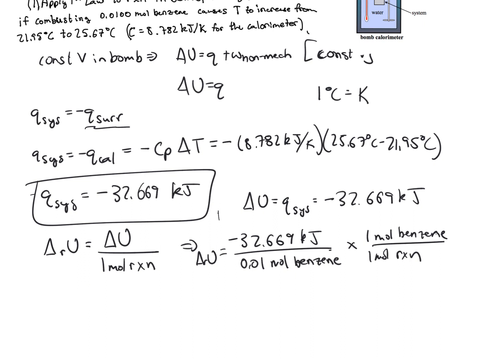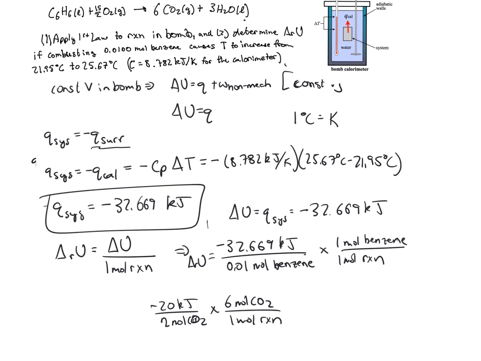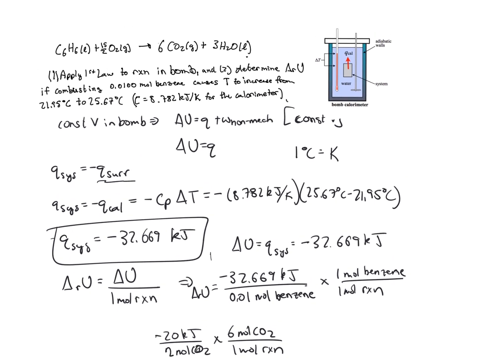So again, if we were measuring this, the conversion factor here did nothing, but it is important. Let's say that we measured negative 20 kilojoules, and we had 2 moles of CO2 produced, then we'd have to apply a times 6 mole CO2 divided by 1 mole reaction, because the coefficient in the balanced chemical equation is 6 there.